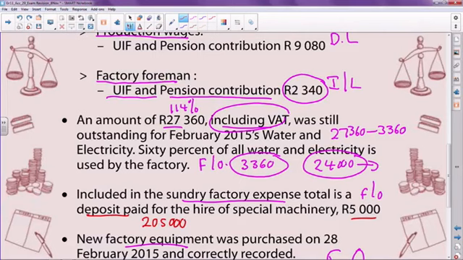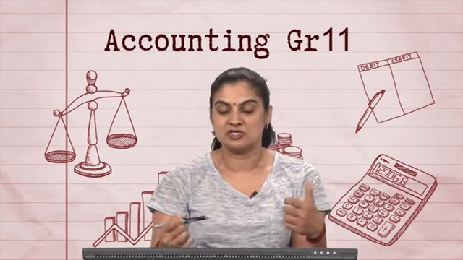But in this figure, there's a deposit amount of 5,000. Now remember guys, a deposit is not considered as an expense because when you pay a deposit, provided in this case it's for machinery, provided you return the machinery in the condition that you got the machinery in, you will then receive your deposit back.